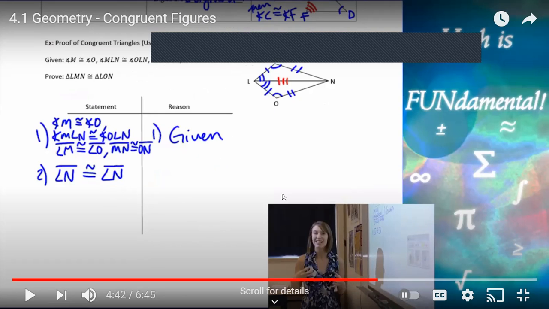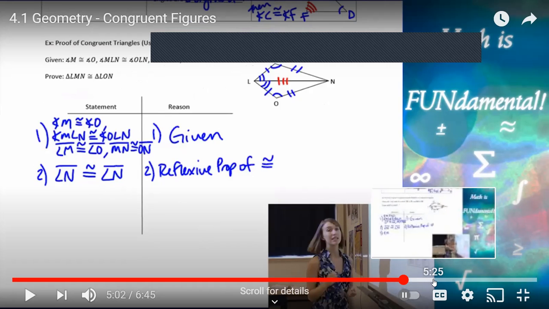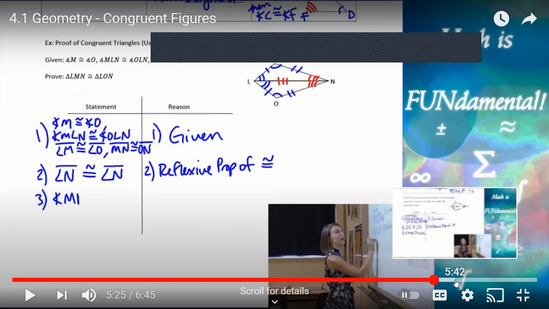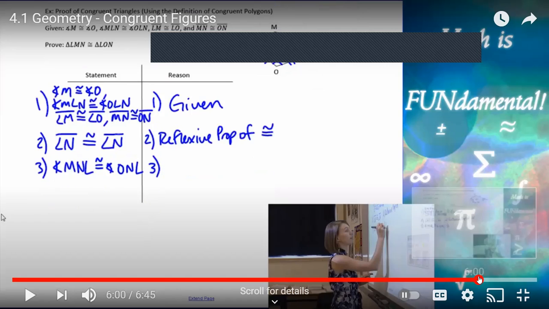Then this one is congruent because of the reflexive property of congruence. Right? And then these two angles, M and L congruent with O and L, because of the third angle theorem, I think.